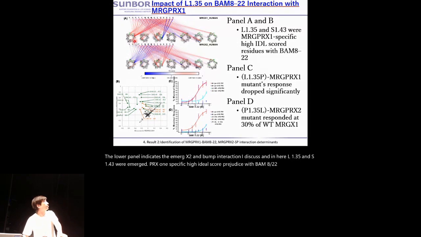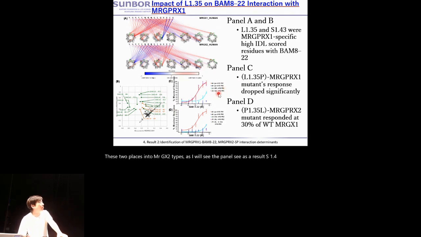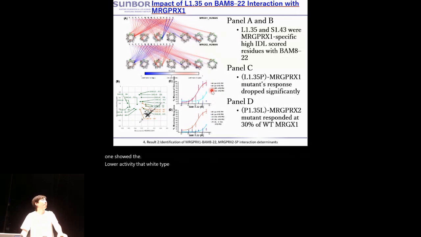So we changed these two MRGPRX1 residues into MRGPRX2 types, as in panel C. As a result, the S1.43A mutant of MRGPRX1 showed similar activity to the wild type MRGPRX1, but L1.35P MRGPRX1 showed lower activity than the wild type MRGPRX1.